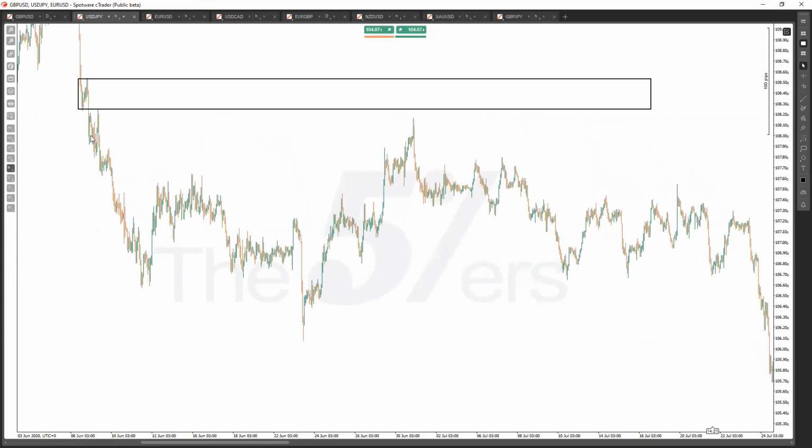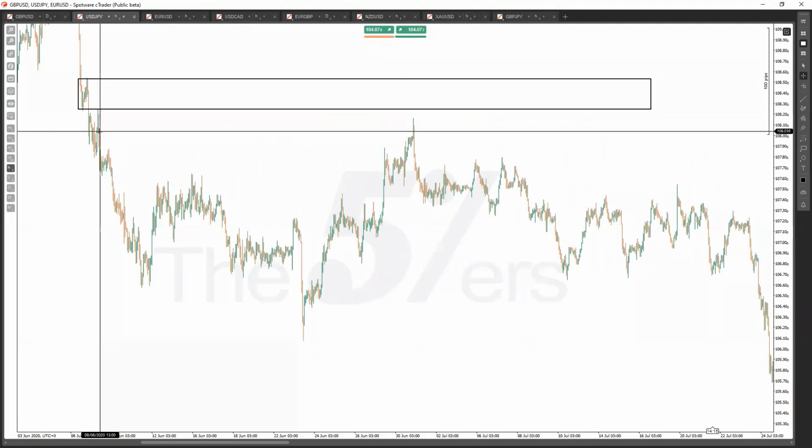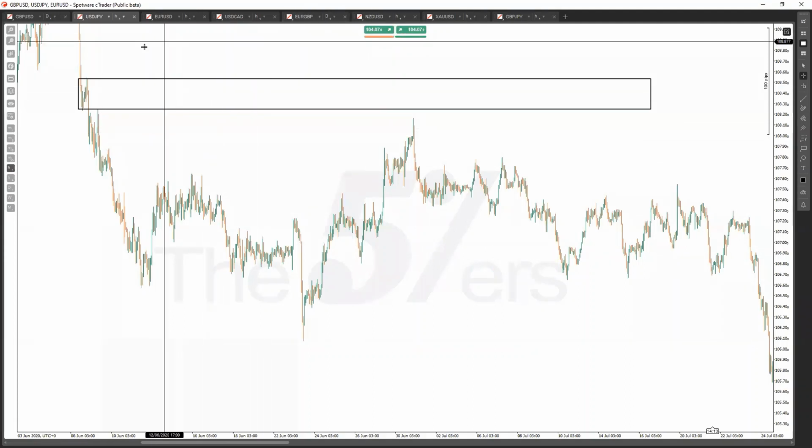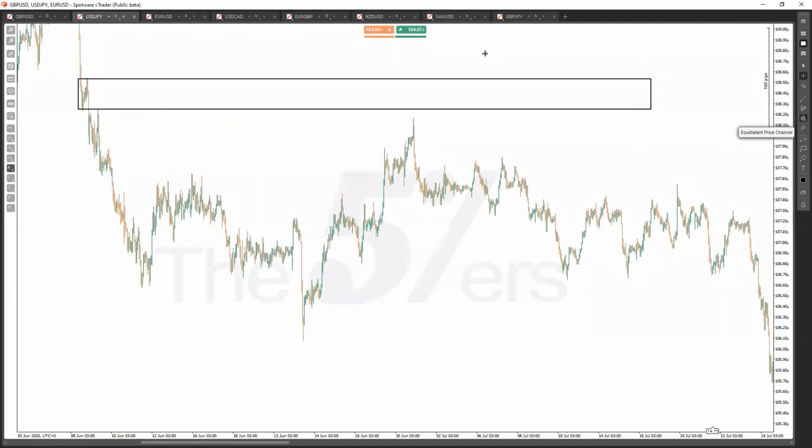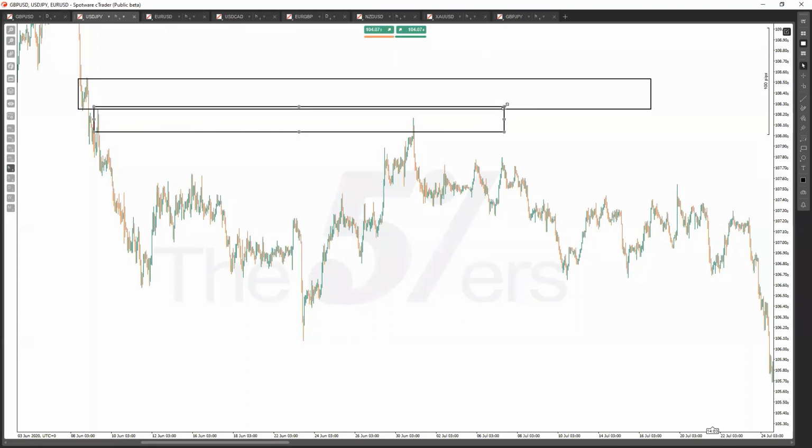Now price is basing and creating a decision right about here. So that creates another supply right here, and this is the swing. And then next time price was testing this supply, we see a reaction. So we got the reaction already.